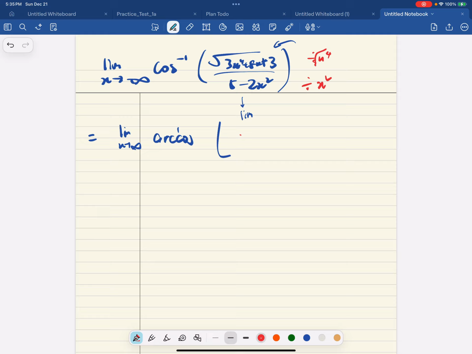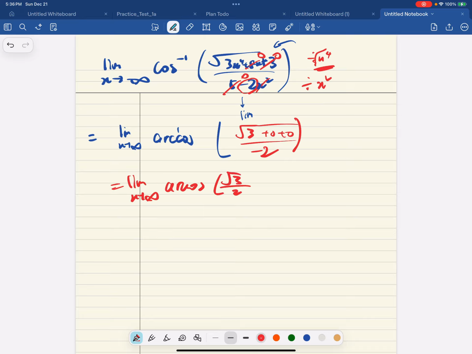So if you divide that, it will become root 3 plus 0 plus 0, because these will cancel out to zeros, divided by a very big number, and this one just cancels out the x to 2, and minus 2 stays. So then it will become limit as x approaches infinity of arc cos root 3 over 2 negative.